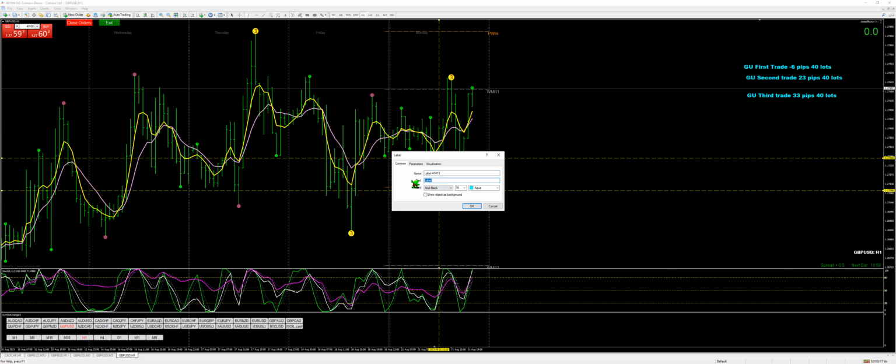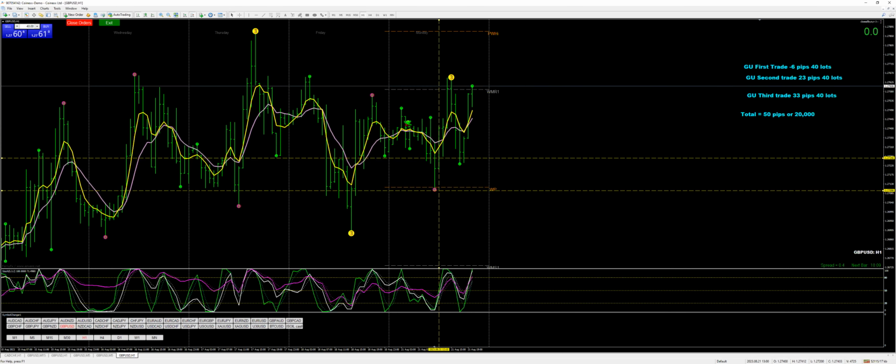Total is 1750 pips, or 50 pips would be $20,000. Not a bad haul. But the main thing was that this was a hard currency to trade.